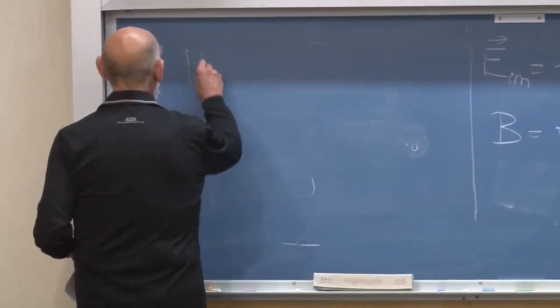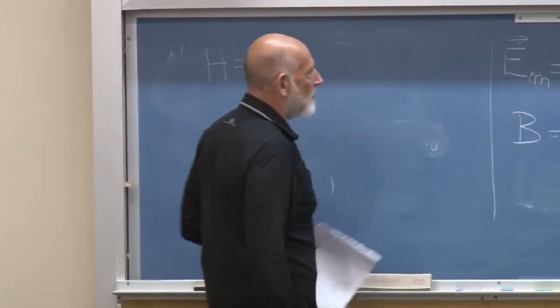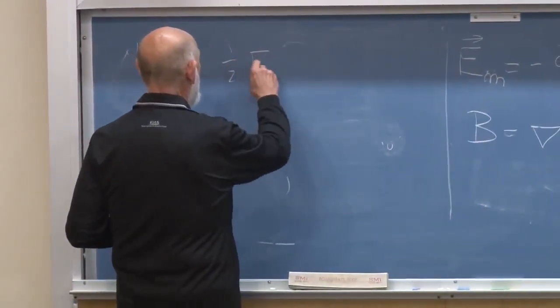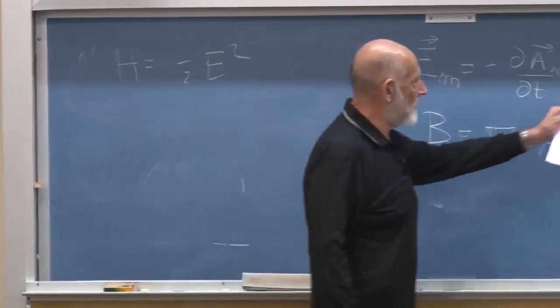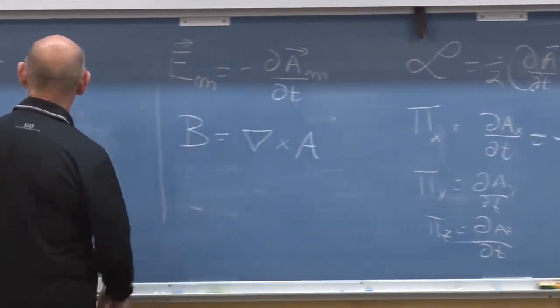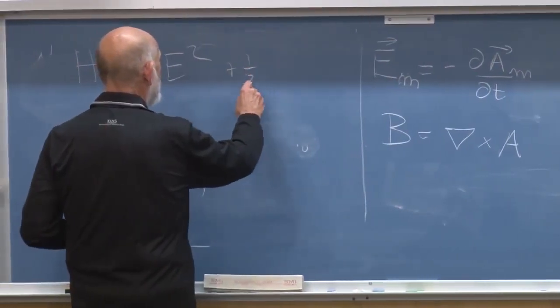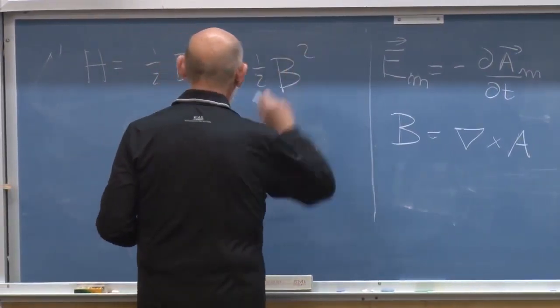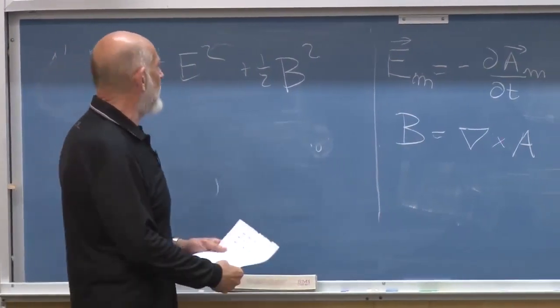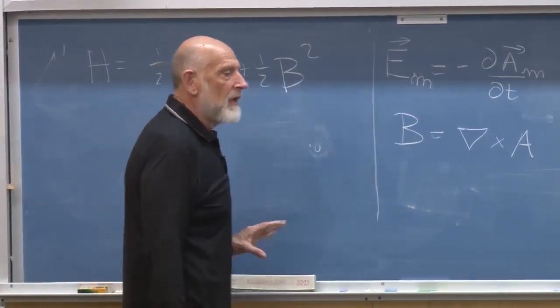The Hamiltonian and the energy is going to be 1/2 E squared, that's this term, A dot squared, plus 1/2 B squared. That's the correct expression for the electromagnetic field energy in an electric and magnetic field.